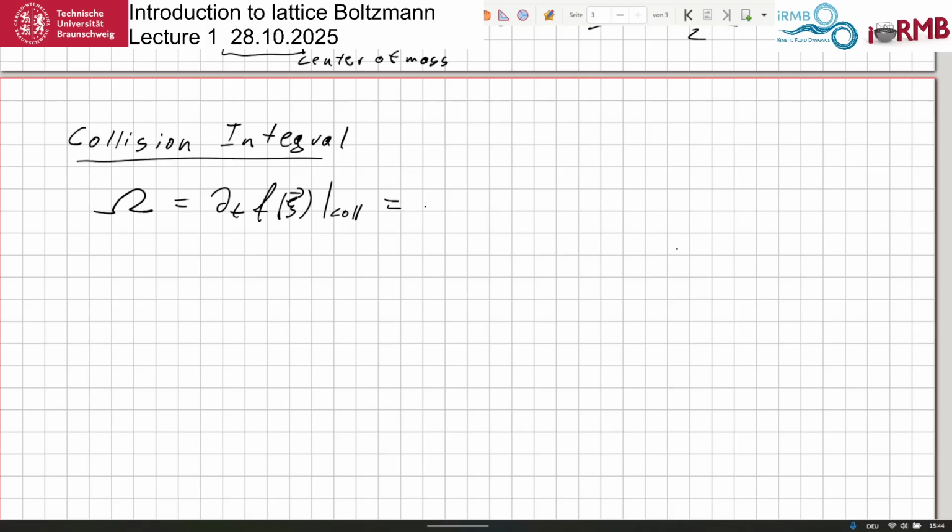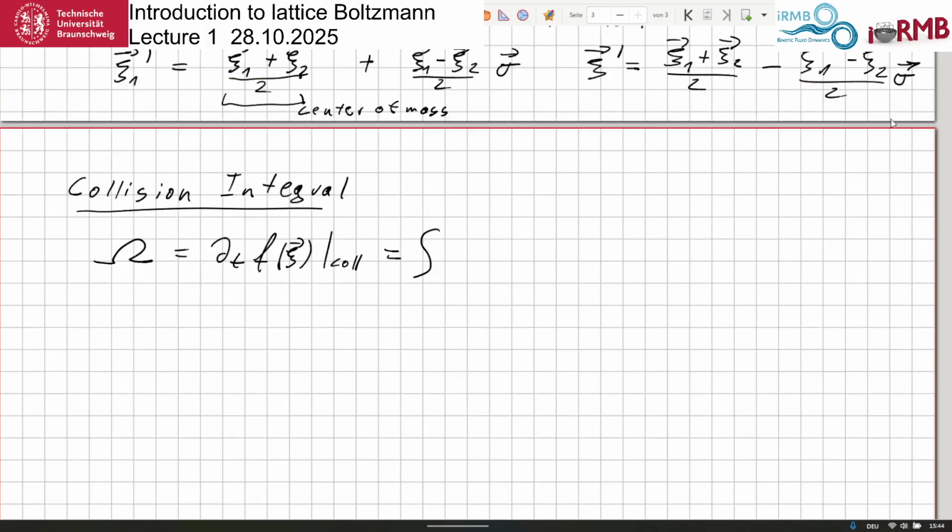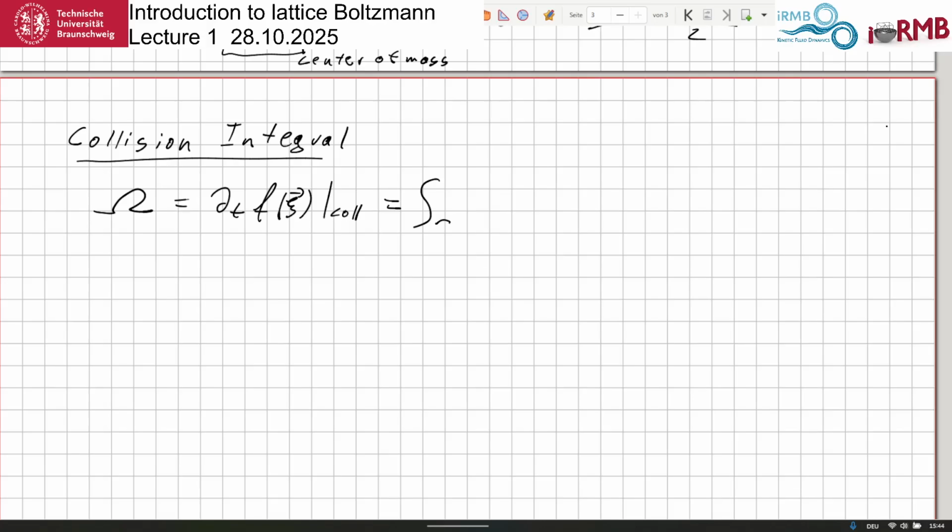So that would be, as I said, we have to integrate over all directions. We use this sigma to indicate the direction. So all directions would be integrated by capital sigma. So this is all directions that could happen. Then we are looking for the outcome of xi1, which will collide with a particle having any xi2.